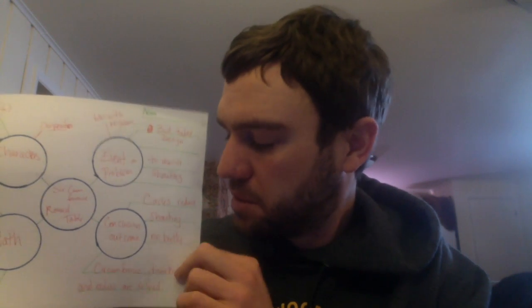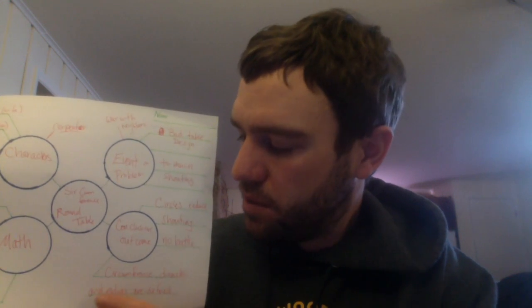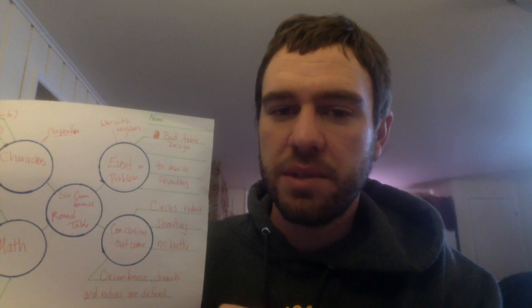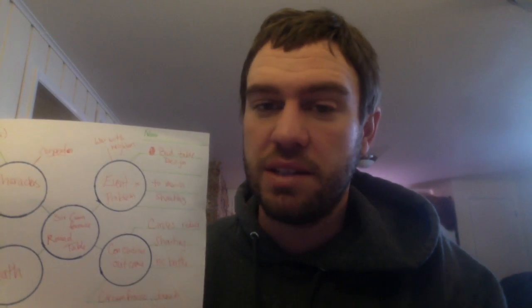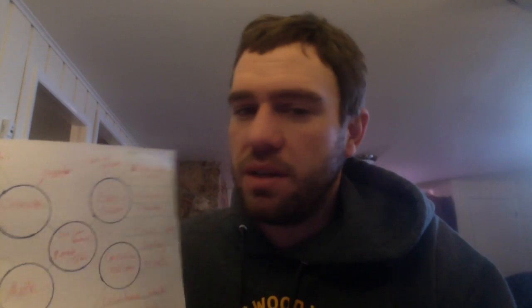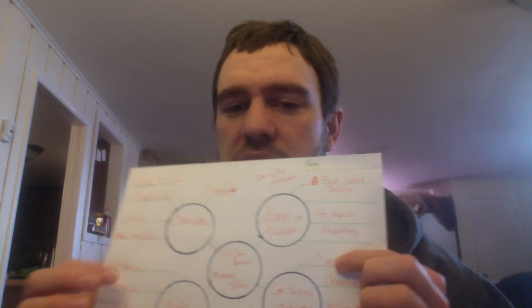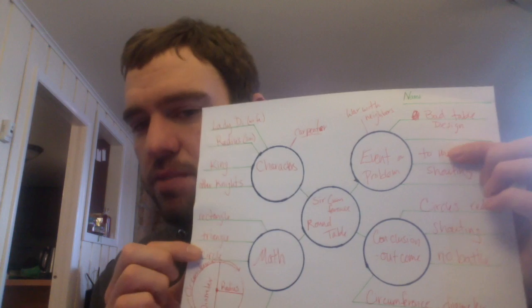And then this last one was a little bit longer of a note, but for our conclusion and outcome, circumference, diameter, and radius were all defined in terms of math, and so that ties us back to what we were doing with the math. We're going to use pretty much the same stuff here, but we're going to change around and use different math terms.